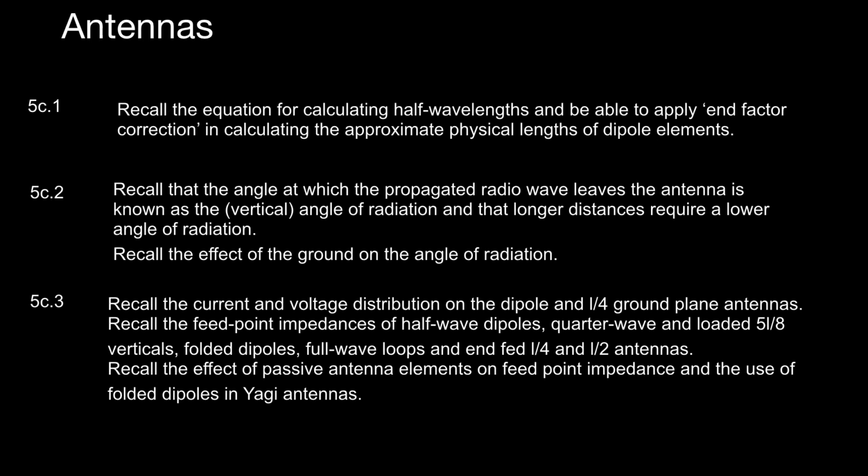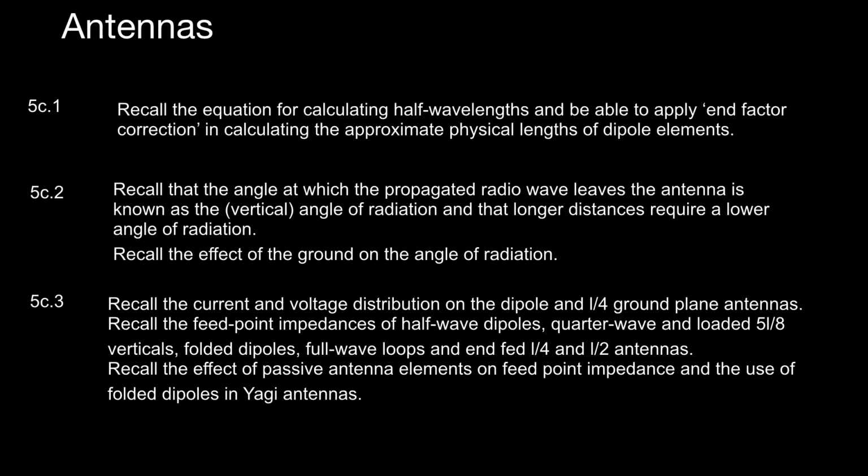Now we'll be going through that in some detail, looking at the voltage and current distribution and hence the impedances over the lengths of the antenna. And for that we need loaded 5/8 verticals, folded dipoles, full wave loops and end-fed quarter and half wave antennas.